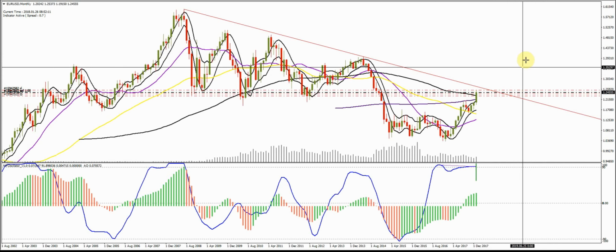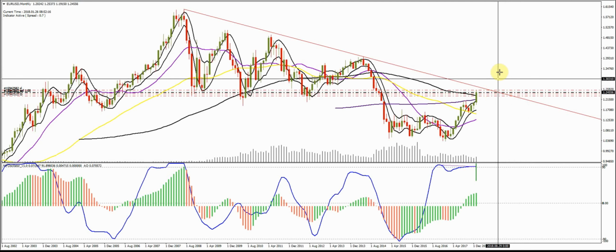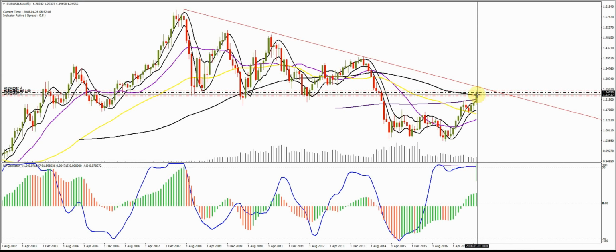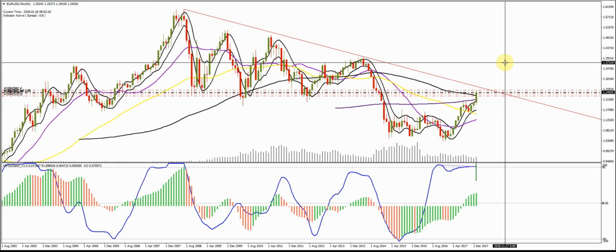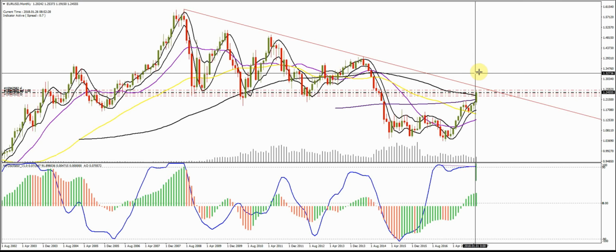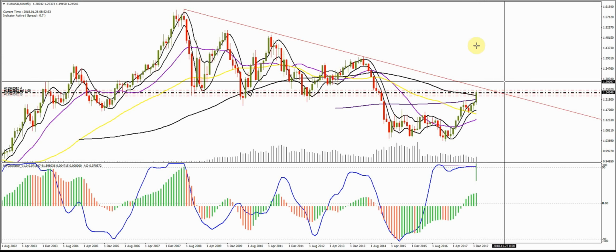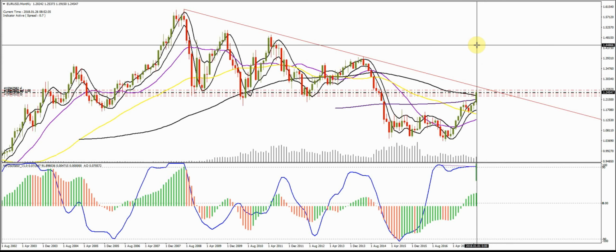Ultimately, over the course of the next year, 2 years potentially, it does look like we're going to get some euro strength and some dollar weakness, which ties in with what we're seeing. They're talking about tapering of the easing with regards to the euro, etc.